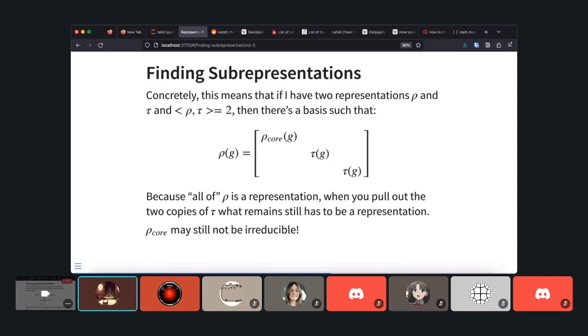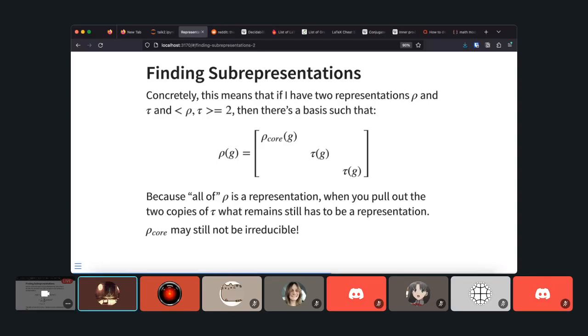What this means is that there is a basis where you just have 2 copies of tau hanging out, and then there is something left, this rho core, that is also still a representation but is smaller: it's the full dimension of V minus 2 times the dimension of tau.